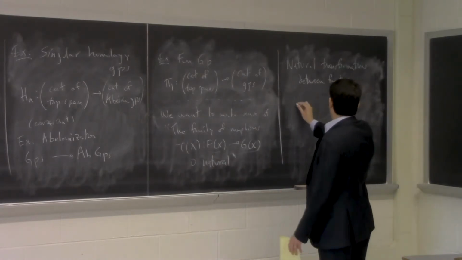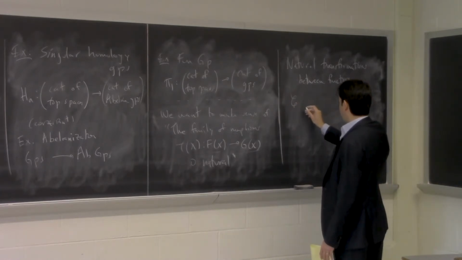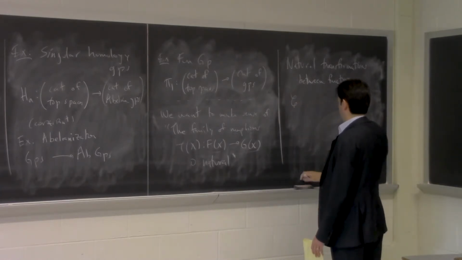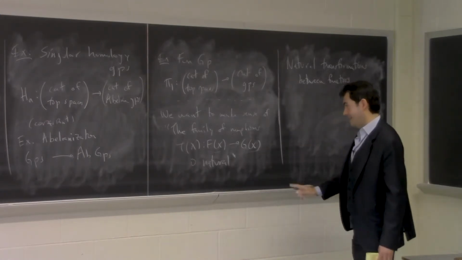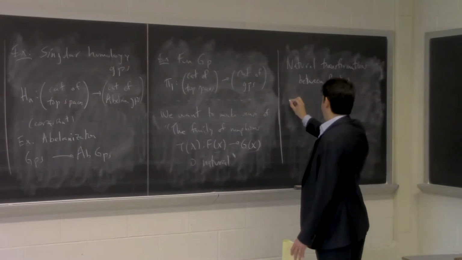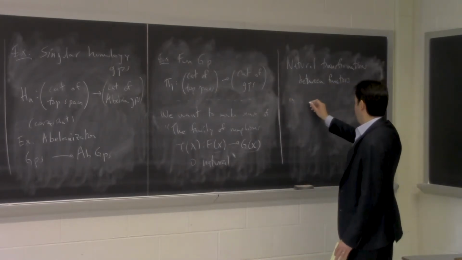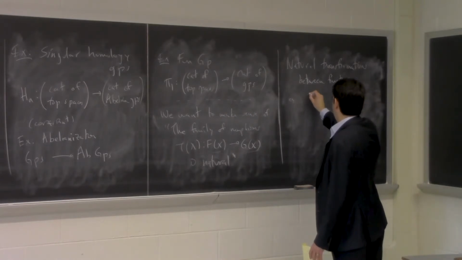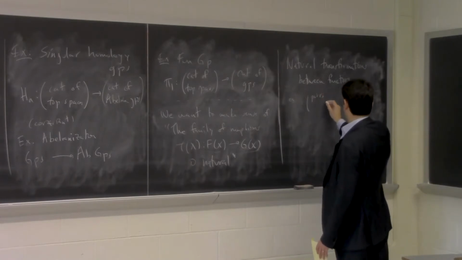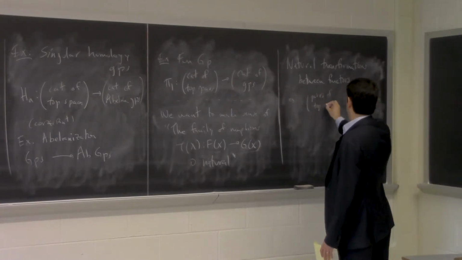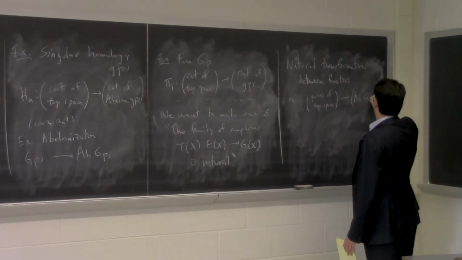Okay, so here the setup is you have two categories. Maybe I should start with an example, e.g., the boundary map. So we have pairs of topological spaces and abelian groups.